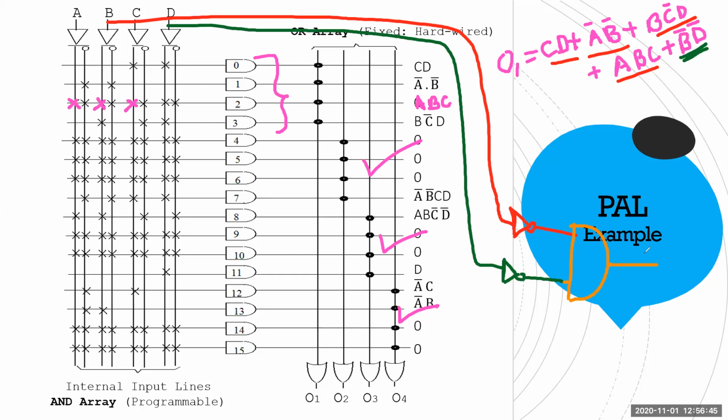So what you are having here? B bar D bar, right? Now you have to add this result with the O1, right? Using an OR gate. Now this is your O1.